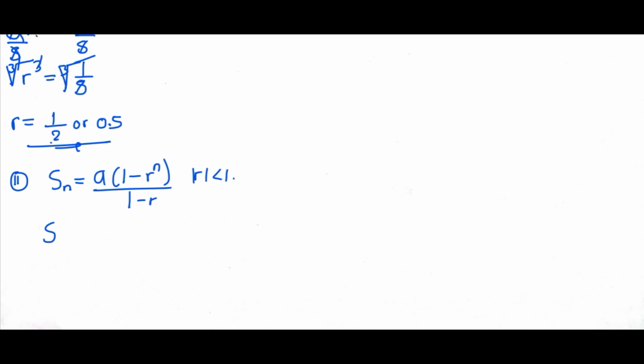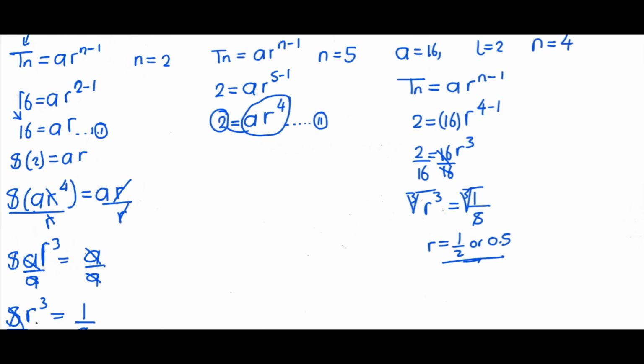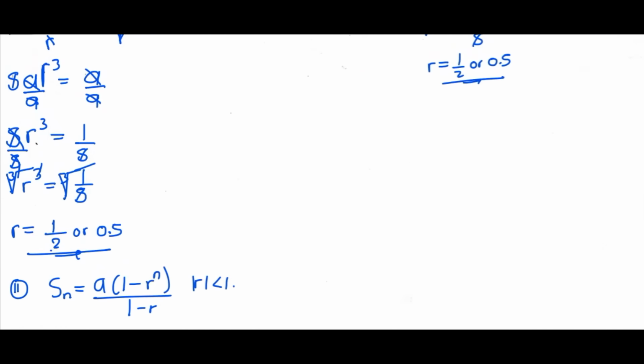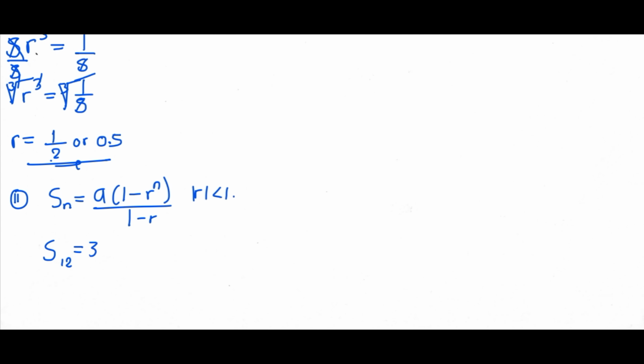Sum of how many? 12 terms. What is our a from the sequence? Our a, the first number, is 32. So we put 32 times 1 minus 0.5 raised to the power 12 over 1 minus 0.5.